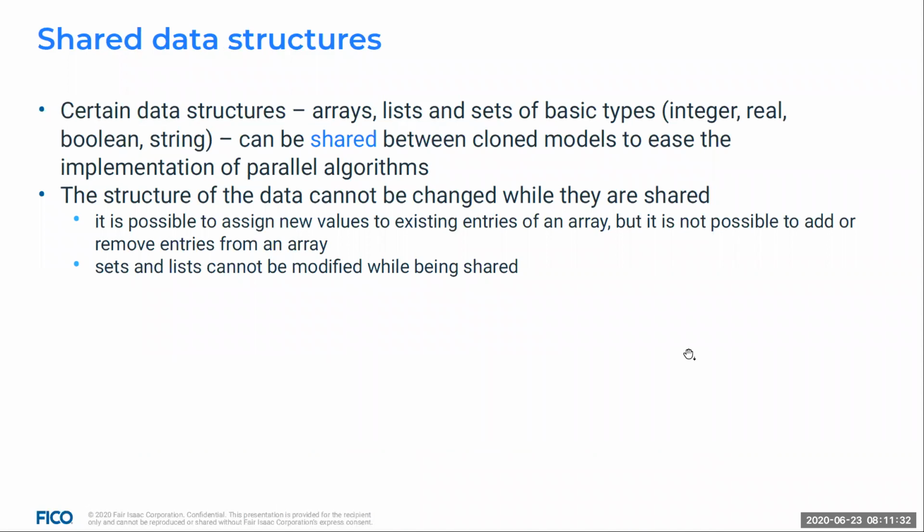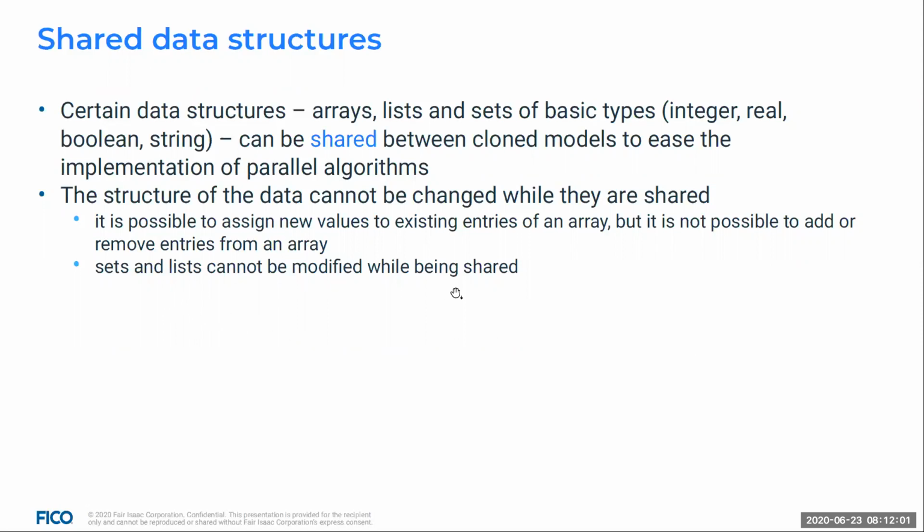Now, I've got clones. I can share data between such cloned models. The structure of data cannot be changed while it is being shared. However, I can change values. Say I have an array, so of an existing array entry, I can change values, but I cannot create new entries or delete existing array entries.